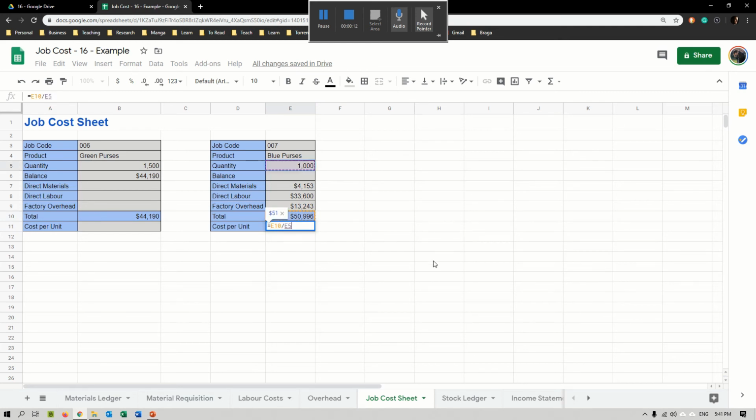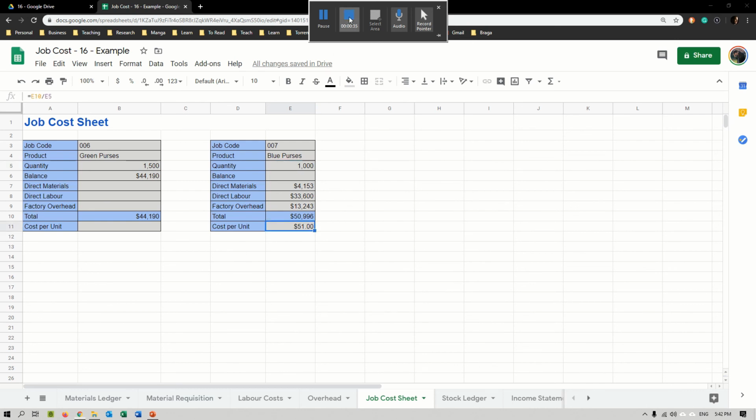And in this case, what do I see? I see that the cost per purse that I produce is $51. Now I know the cost of producing each one of my blue purses for this job.